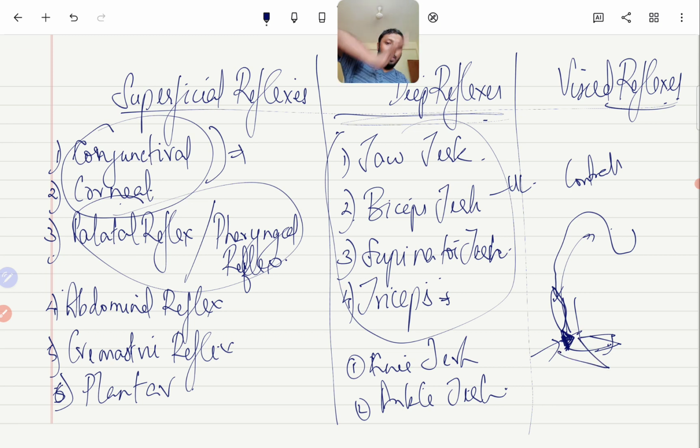If the angle was like this, it will come like this, and this will be the new position. This is called plantar flexion.